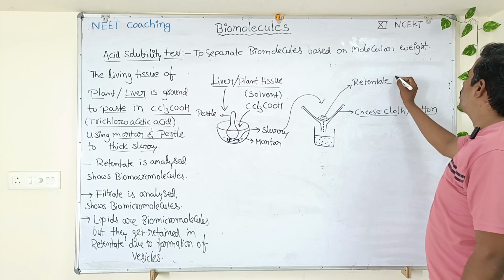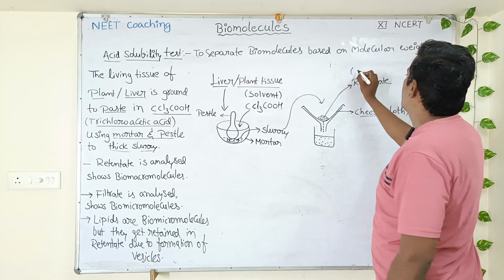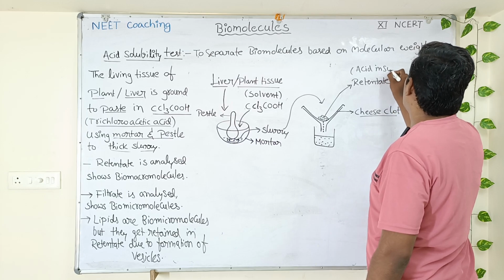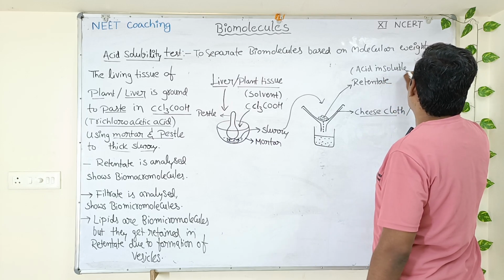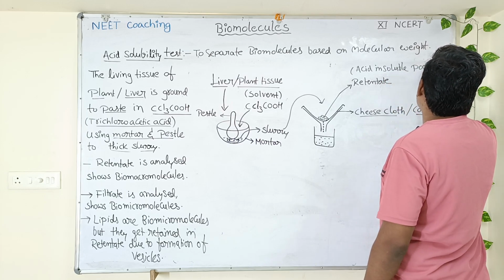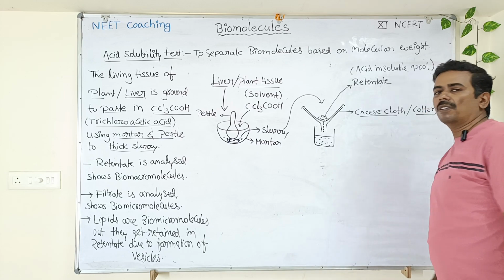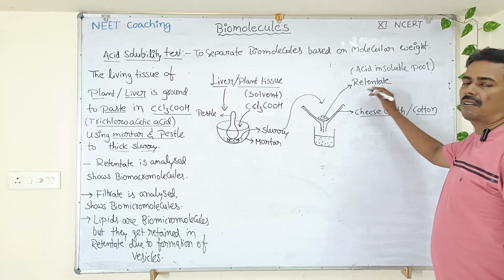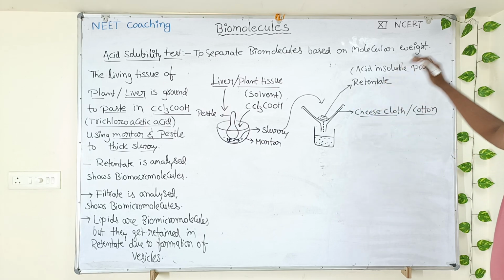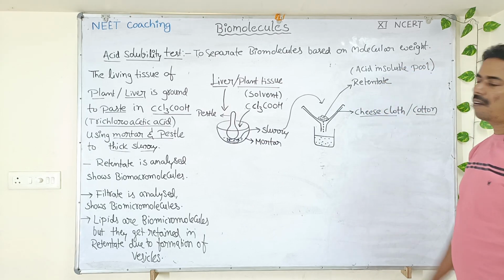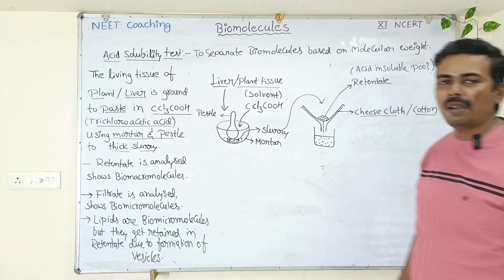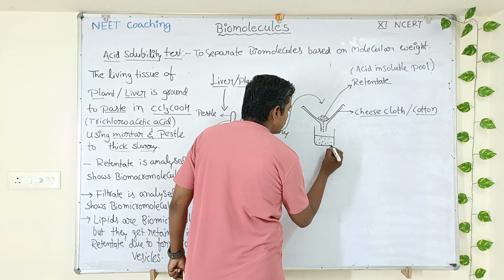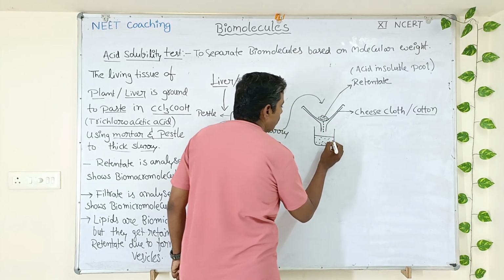This retentate we can also call the acid insoluble pool. Come on students, what is this? Retentate, also called acid insoluble pool. All those materials which are not soluble in trichloroacetic acid are retained in the cheesecloth as the acid insoluble pool. And what about the clear liquid collected in the beaker?